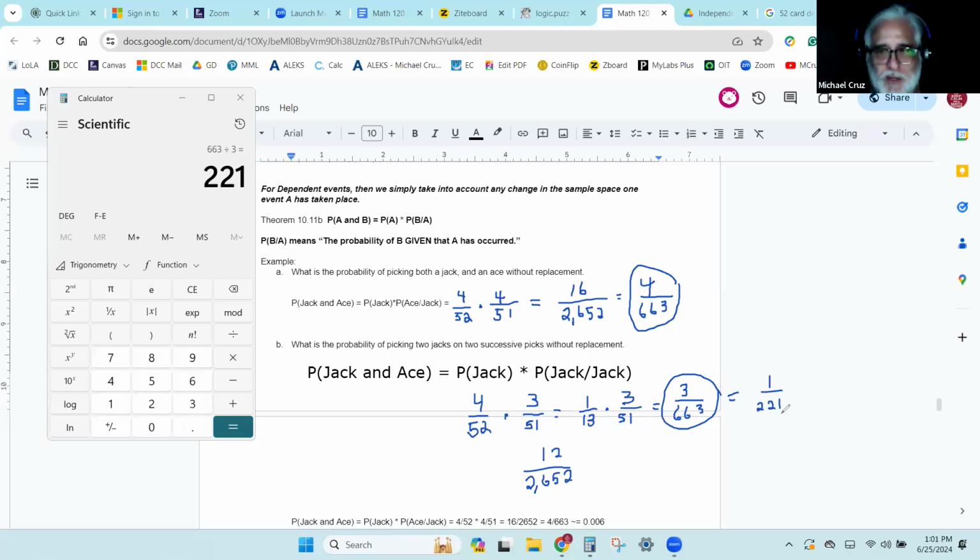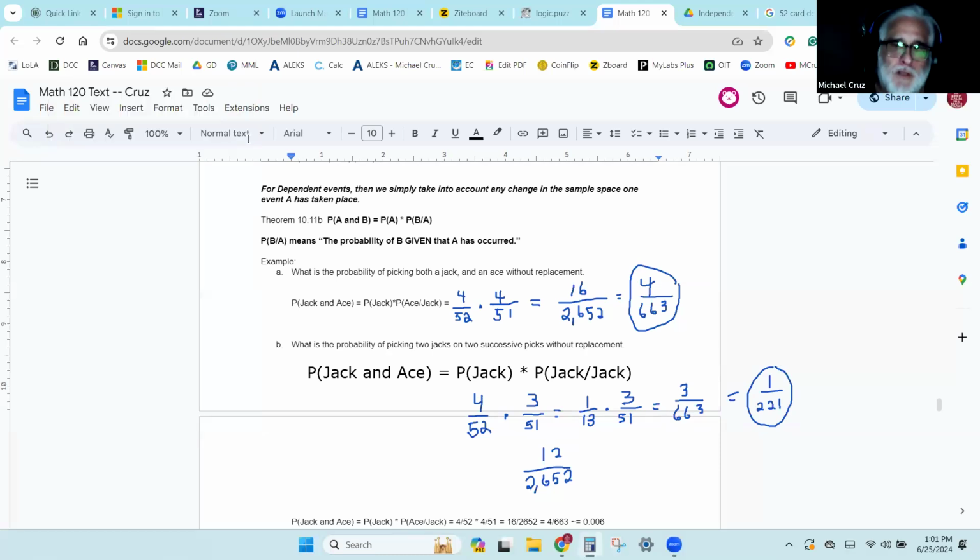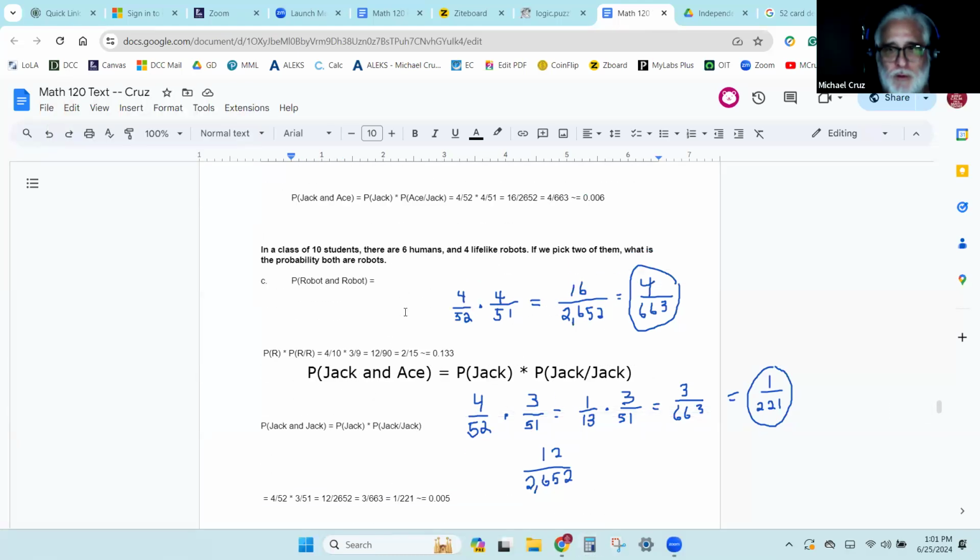But make sure your fractions, if you put them in, are simplified. So this was the final answer. All right, let's see. I think there's one more over here.